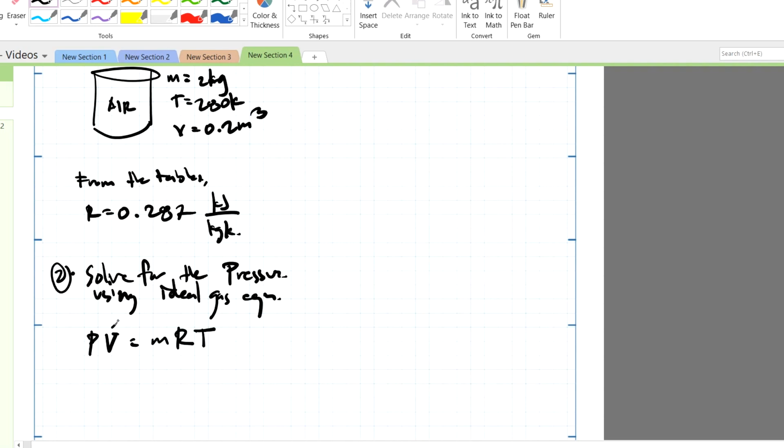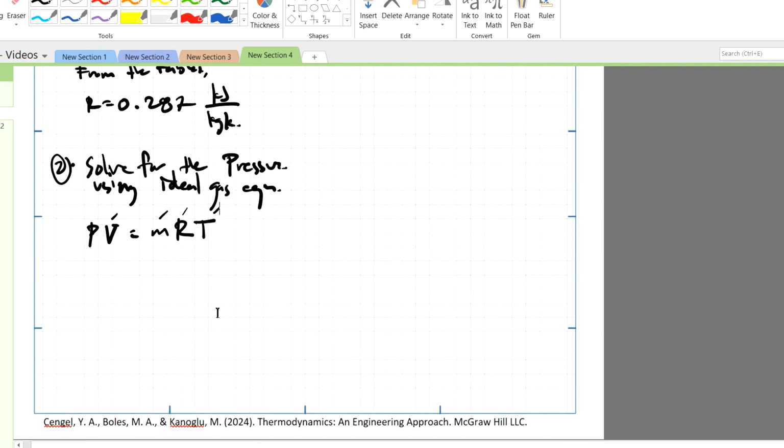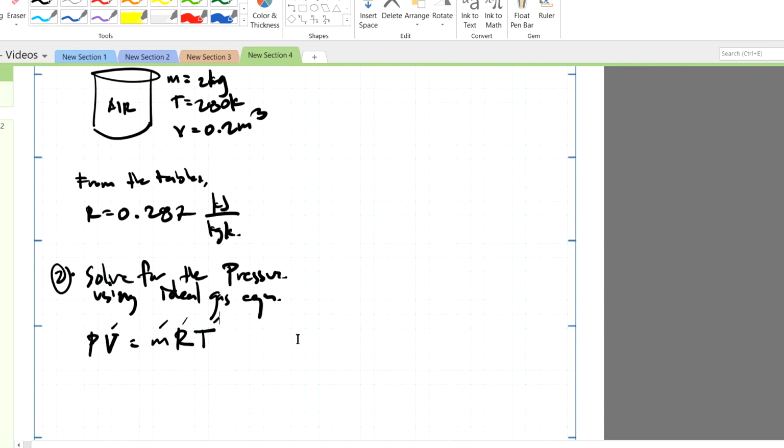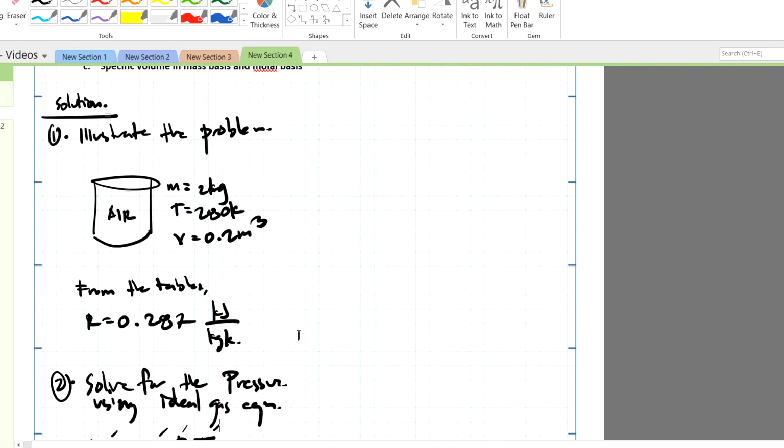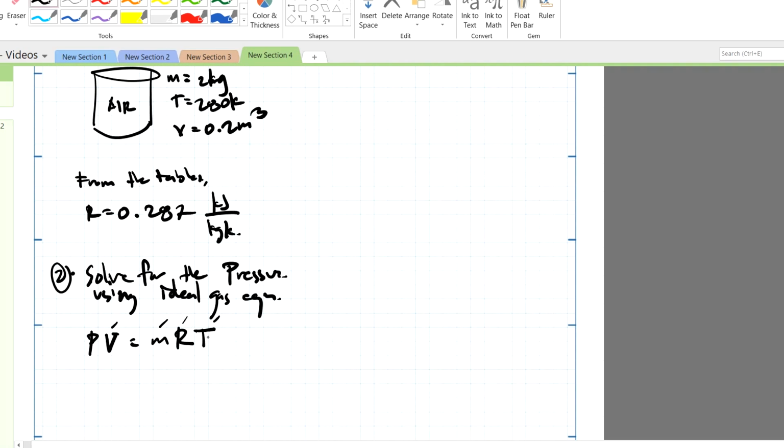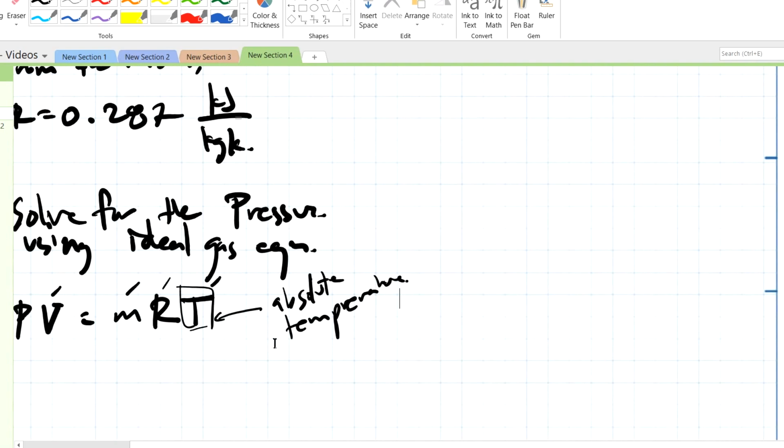Since we have the volume, mass, specific gas constant and temperature, we can solve for pressure. By the way, when applying the ideal gas equation, take note that the temperature must be in absolute temperature, and also the pressure. So if the given unit is in degrees Celsius, then you have to convert it into Kelvin.